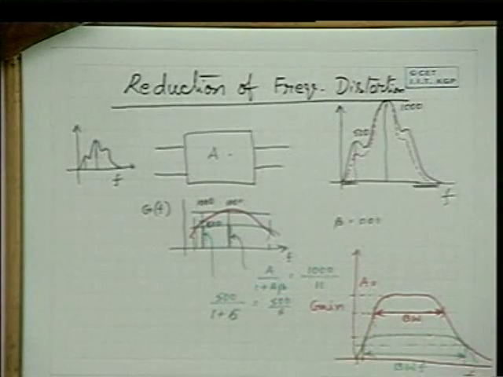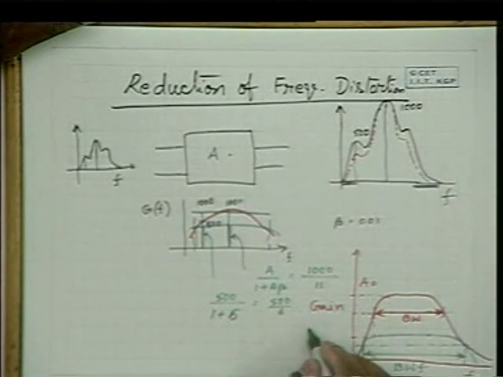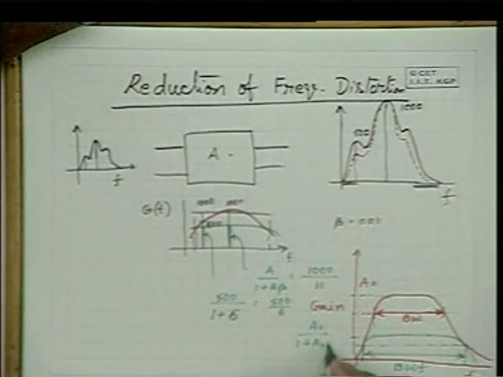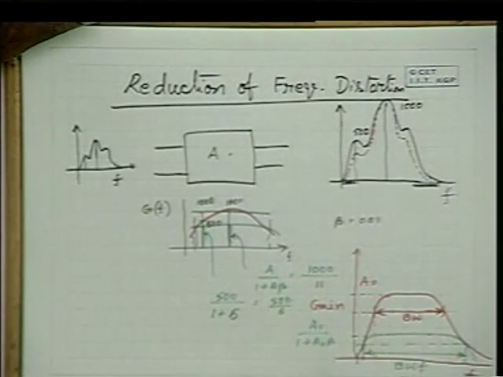Now what is the gain now? So gain now is A naught by 1 plus A naught beta, where A naught is the midband gain.